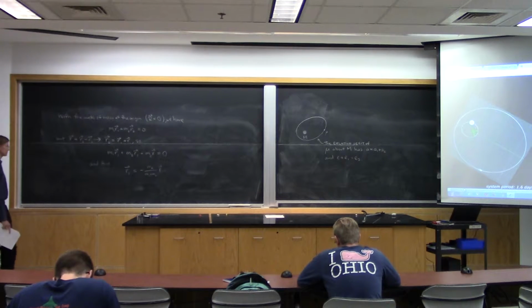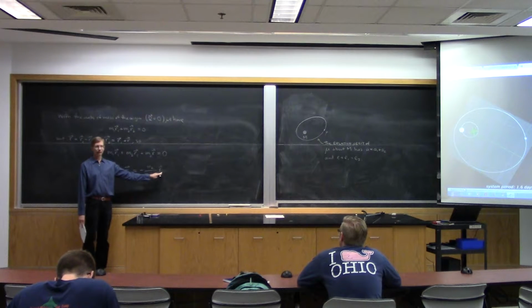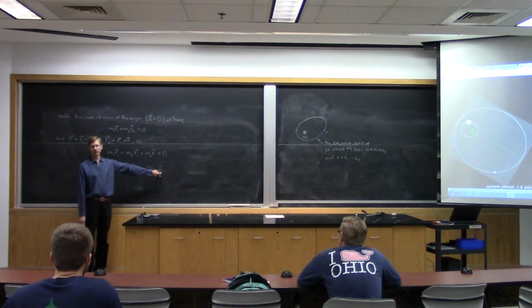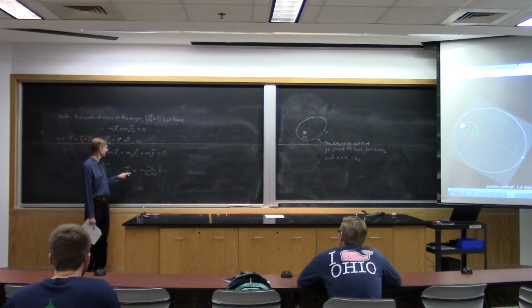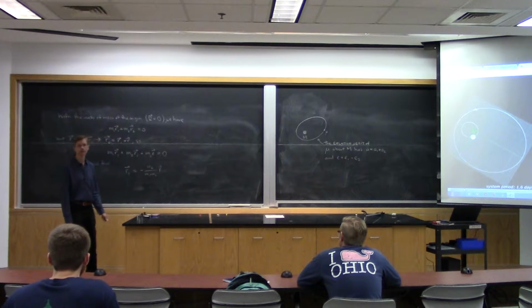And so this is doing as promised. In other words, if I know the value of r, I can figure out what the value of r1 is. I can go from the equivalent one-body problem back to the original two-body problem. If I know where r is, I know where r1 is.